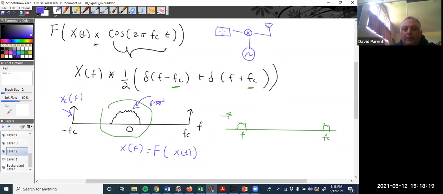Okay. So now maybe we can say that's one in the frequency domain. This is two in the frequency domain. And then here, after it's modulated, that's three.